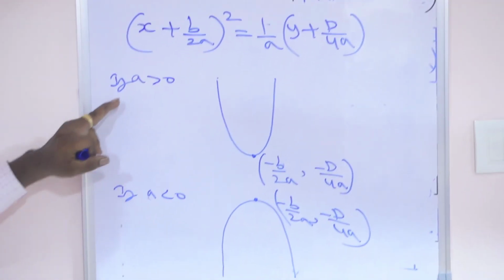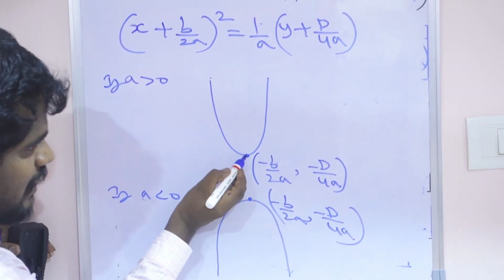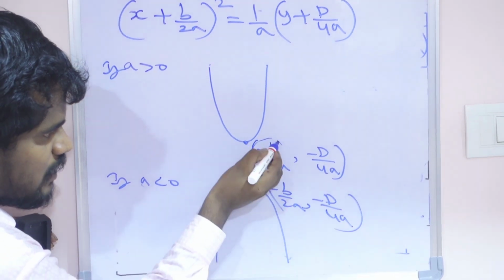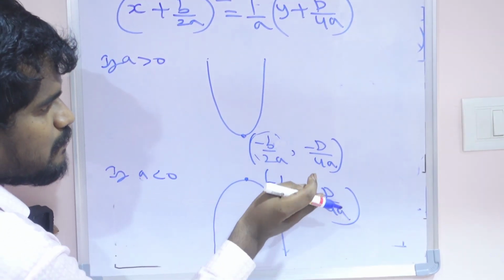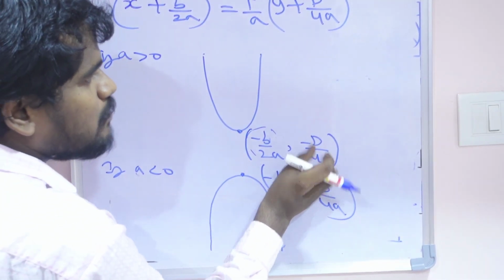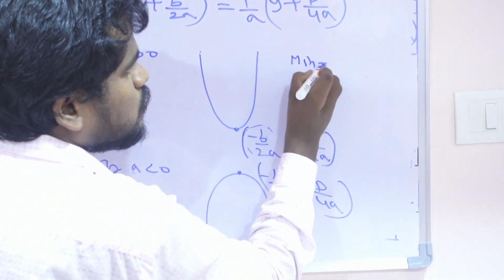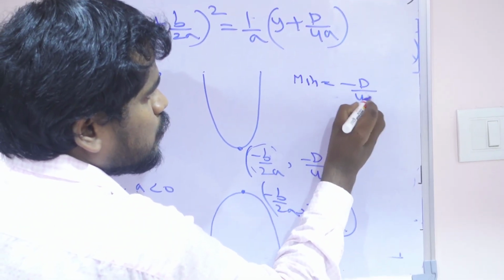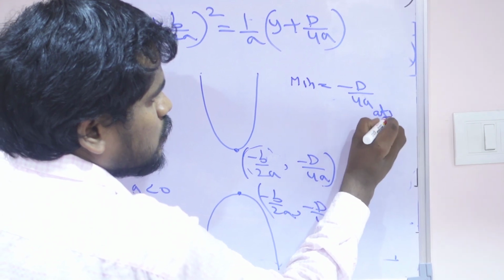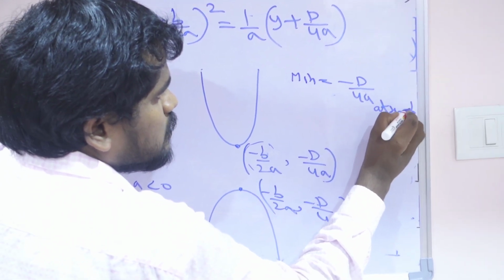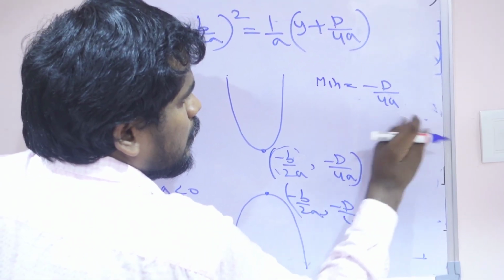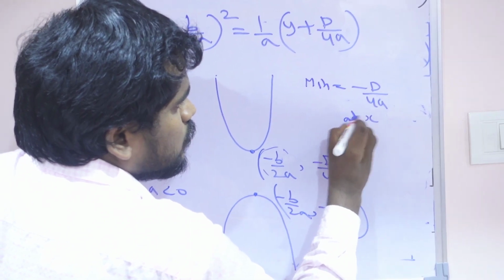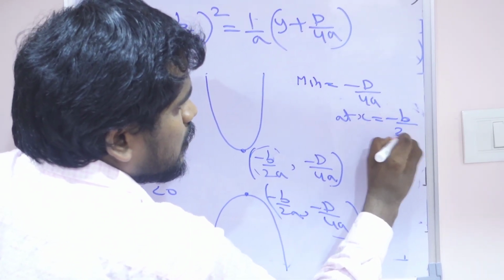So if a greater than 0, we have the minimum value at x is equal to minus b by 2a. What is the value of y? Minus d by 4a. This is the minimum value. So minimum value is equal to minus d by 4a at x is equal to minus b by 2a.